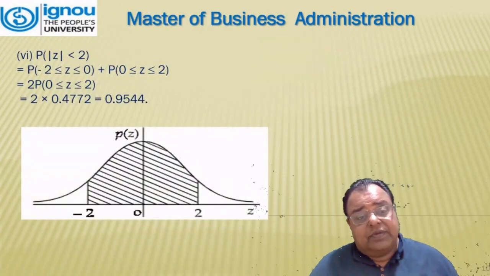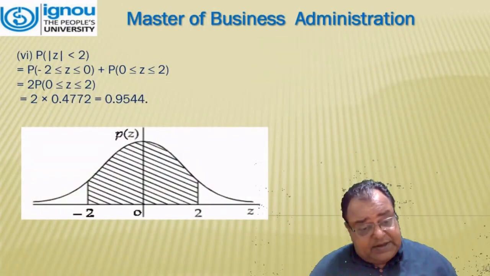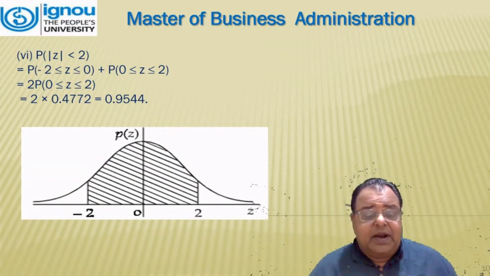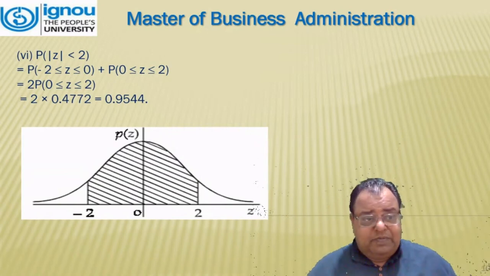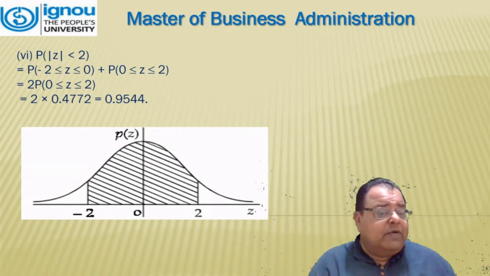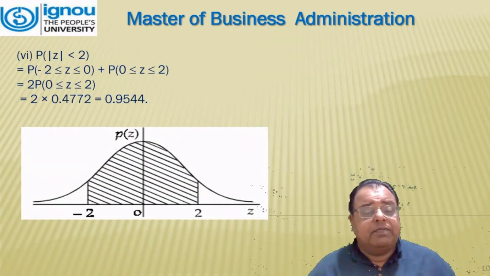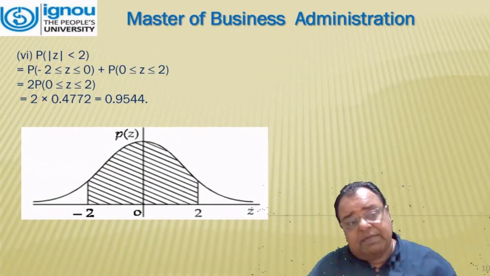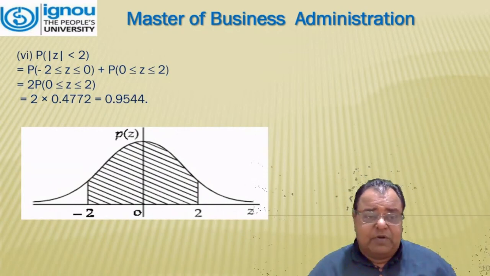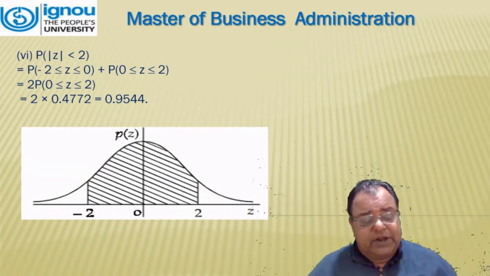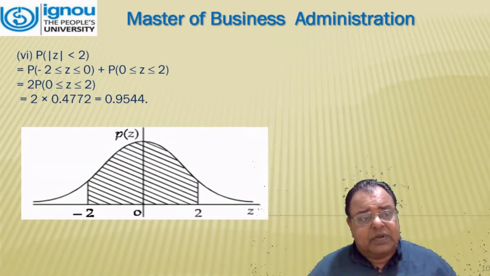Now, simply there is a change of sign. Earlier it was on the right hand side, now it is the area between -2 and 2. This time we won't be subtracting from 1. We will straight away convert it as probability -2 ≤ z ≤ 0 plus probability 0 ≤ z ≤ 2.